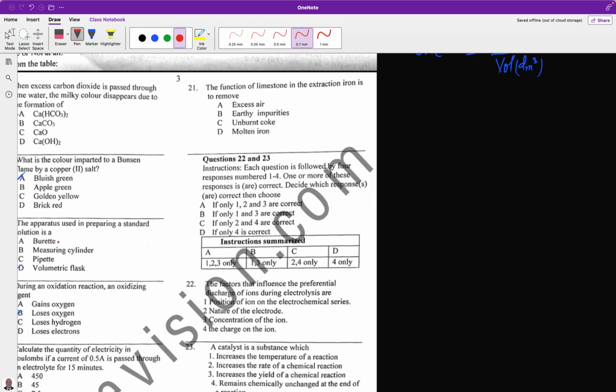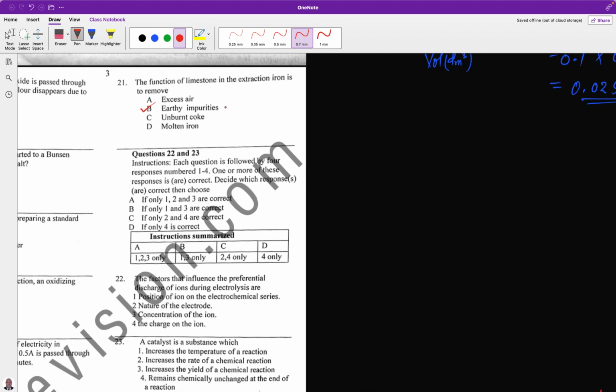Remember, during the extraction of iron, limestone is used to remove impurities, especially silicate impurities, silicon dioxide. So earthy impurities is the right answer. So B is our right answer.